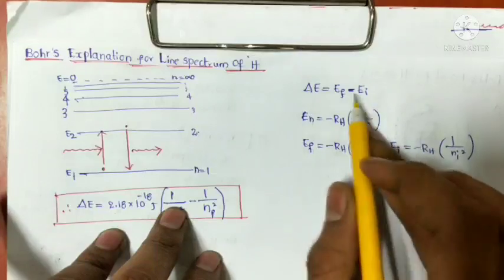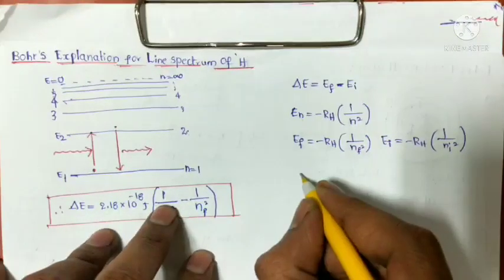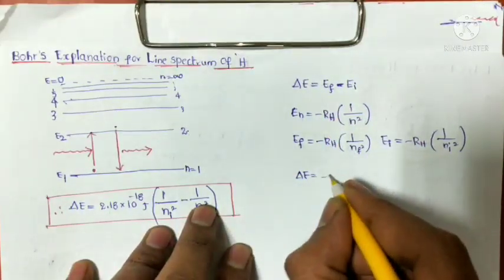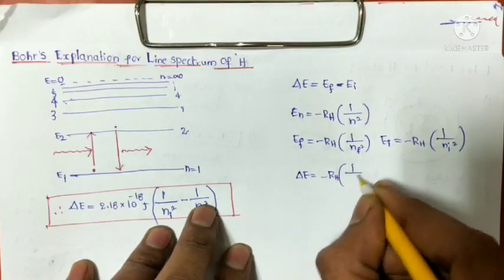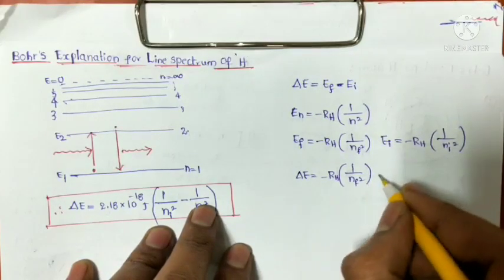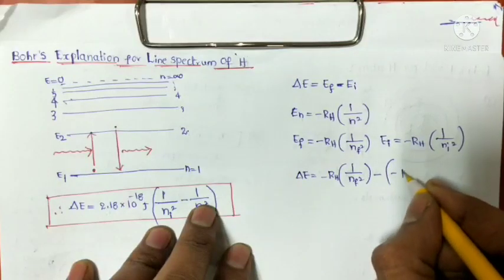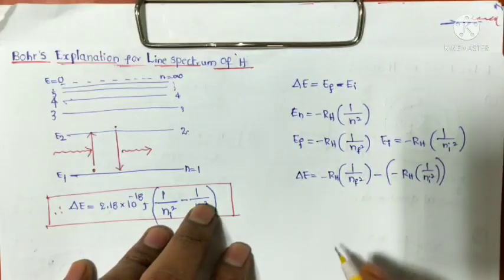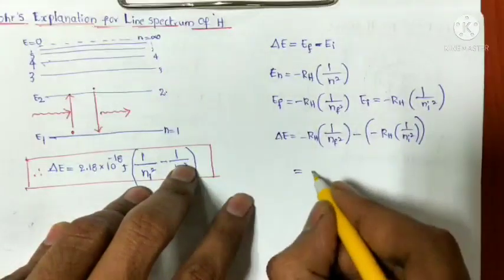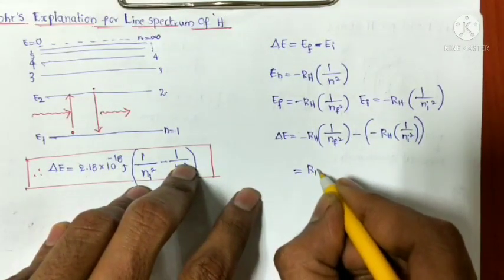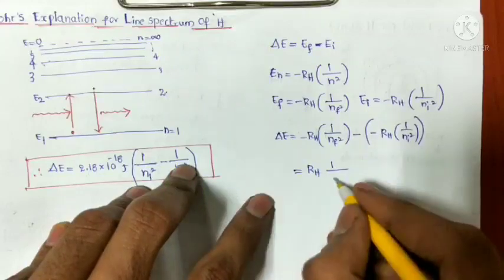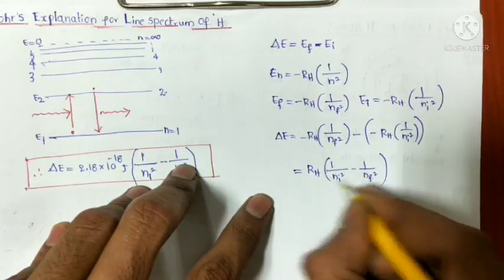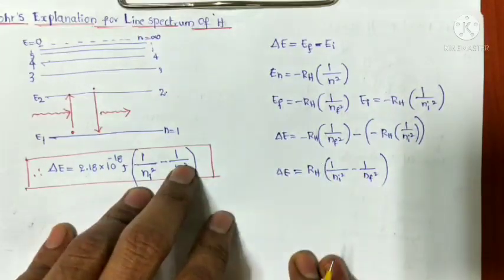Substituting these two values in the equation, delta E equals Ef, that is minus RH 1 by nf square, minus of minus RH 1 by ni square. Taking RH common, delta E equals RH into 1 by ni square minus 1 by nf square.